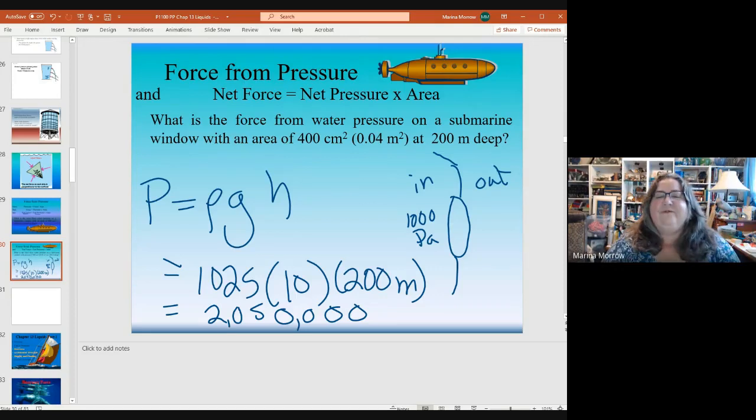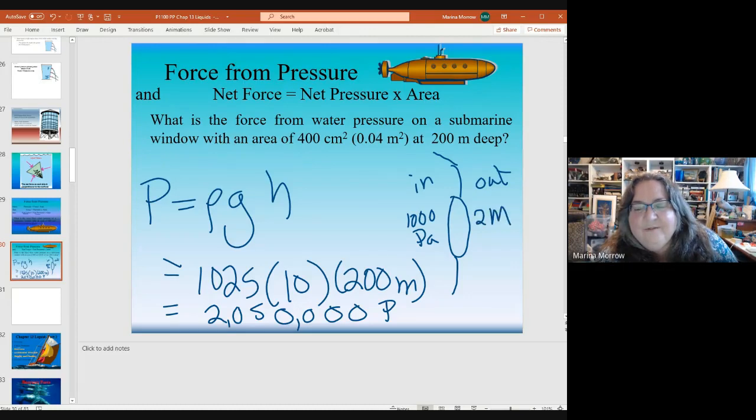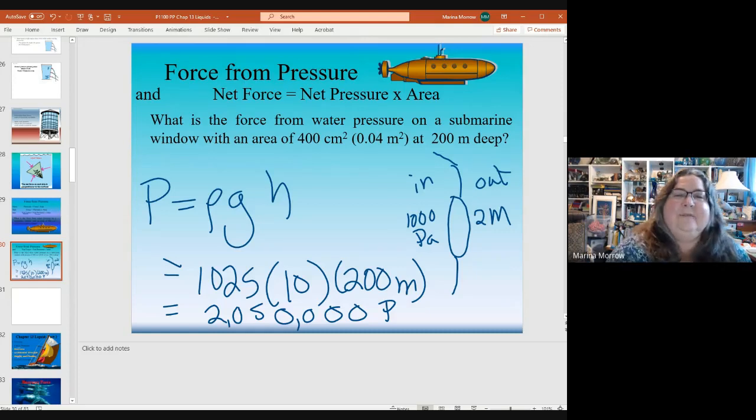We would have 2 million pascals of pressure compared to 1,000 pascals on the inside. So you can see how you would have a huge difference of pressure. And so we could figure out the net force by taking the net pressure and multiplying by the area.